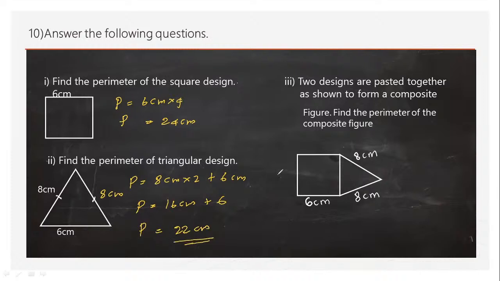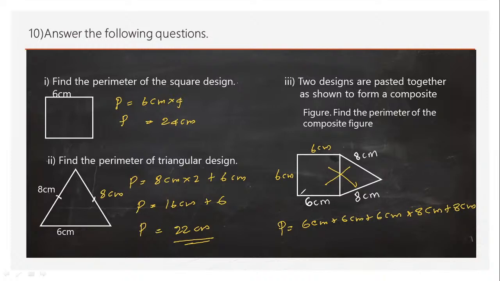Now this is the compound figure. Now we are combining these two figures and we have to find the perimeter of this figure. I know that some children are adding this one and writing the answers. That is wrong. Now we can't do so. We are not adding this middle line. This is 6 centimeter. This is 6 centimeter. So you have to add this boundary around this. Perimeter equals 6 centimeter plus 6 centimeter plus 6 centimeter plus 8 centimeter plus 8 centimeter.